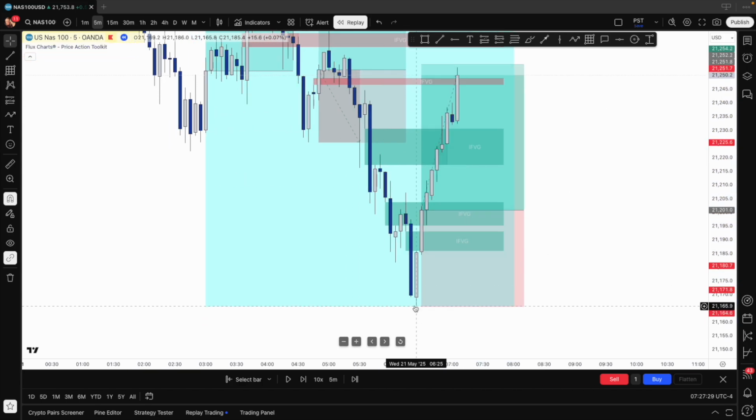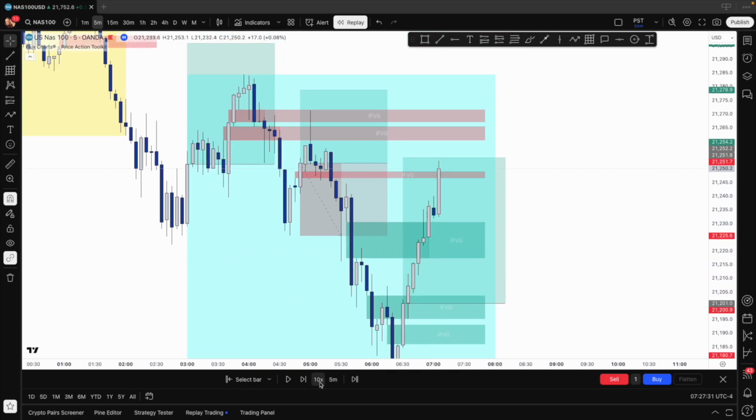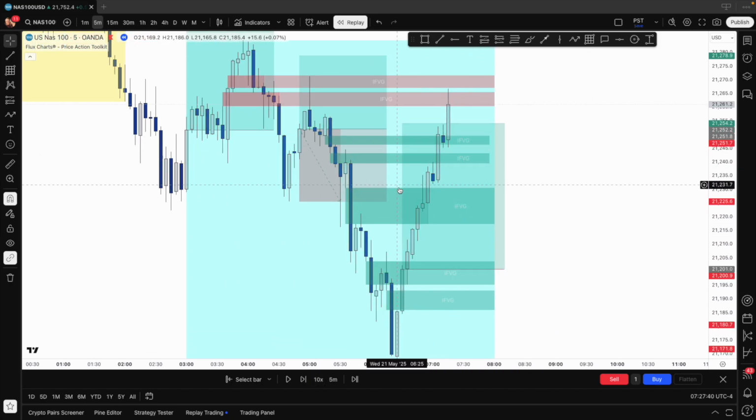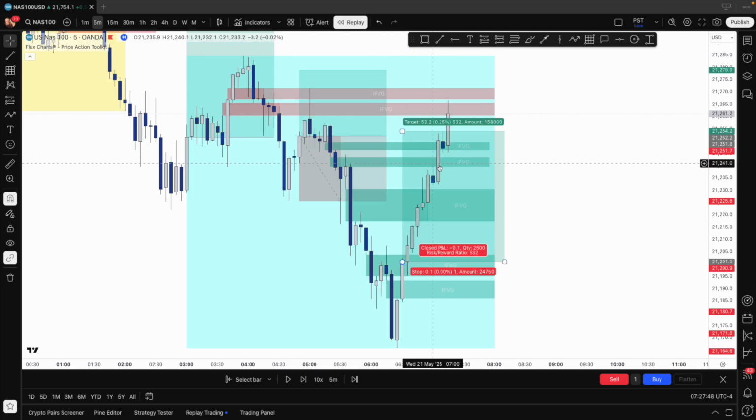And as you can see, break even. And then let's see if the next candle smashes our TP. Not yet. There we go. And there we got our TP. So one break even, one losing trade, one winner. So we are up 0.5% on this day.